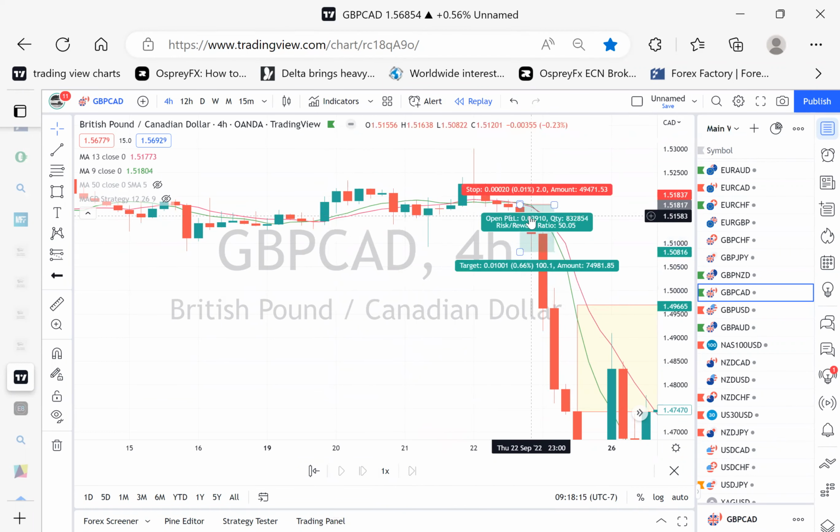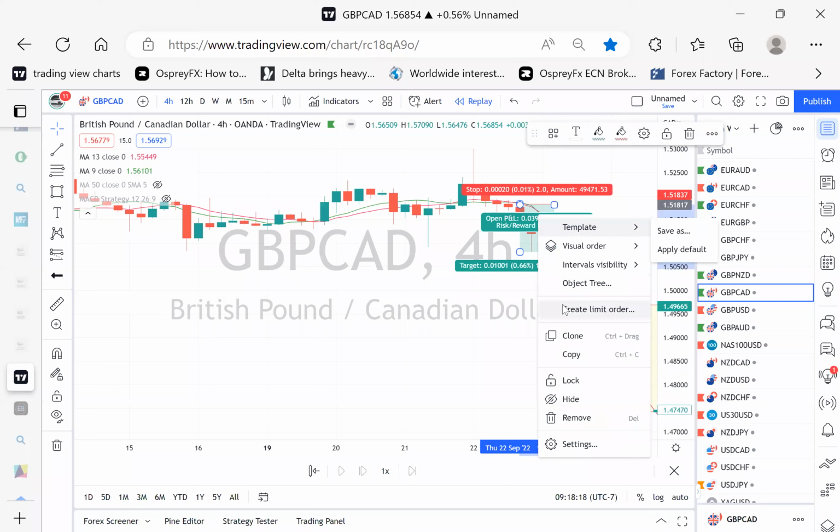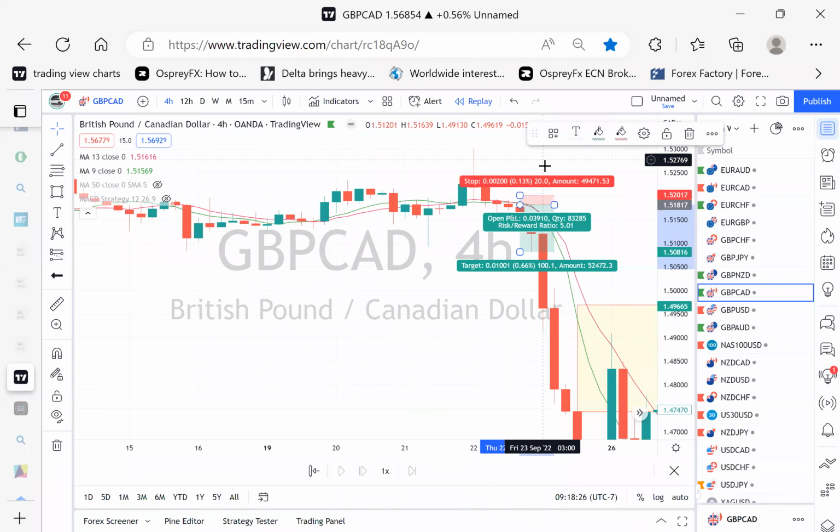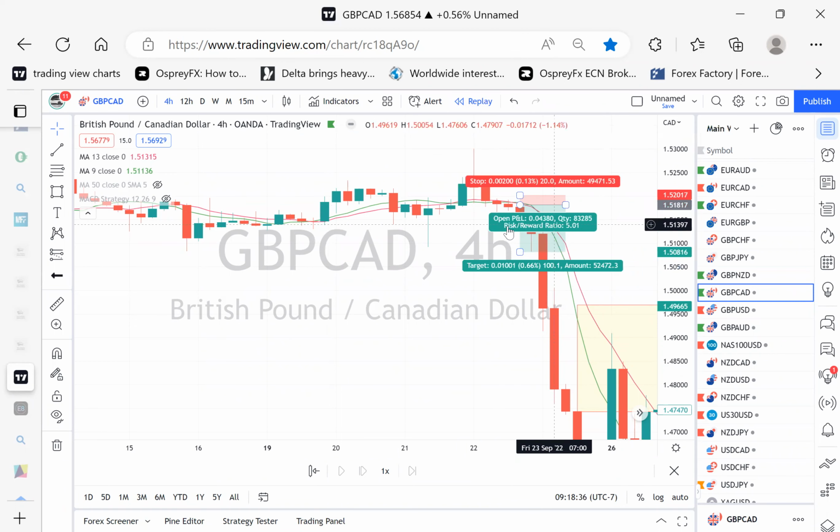All right, so we got a 20 pip stop loss here. Okay, this is on the 4 hour. So if you entered this trade, again, you would have made 5%, right?